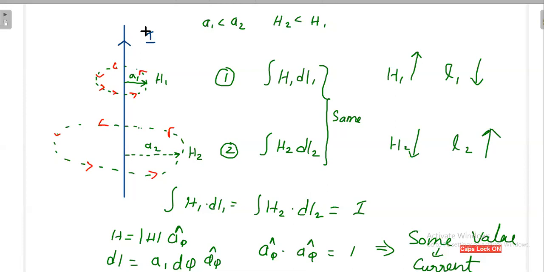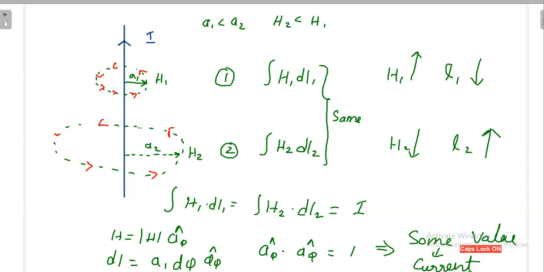You take a closed line in such a way that the current flows inside it, and you compute the integral H dot dl. Finally it gives you the current going inside the closed line integral. So we'll proceed further.